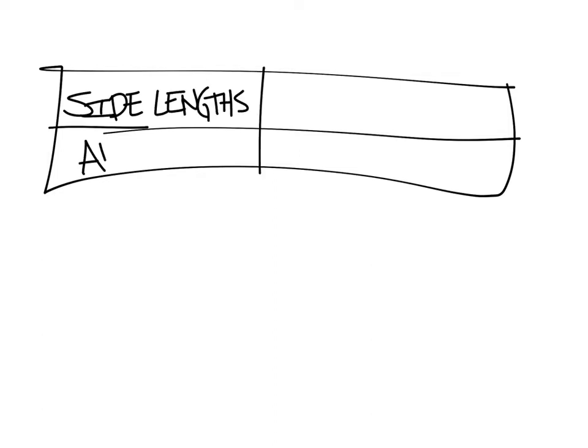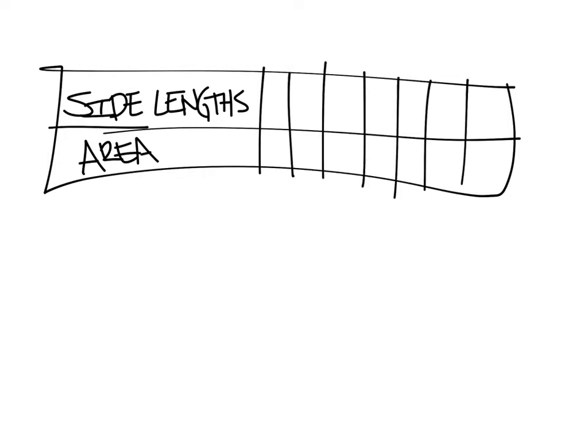Alright, so again, if we make a table of what we do to the side lengths, and compare that to the area on these. So for example, if I multiply the side lengths by 10, what would I multiply the area by? 10 times 10, which is 100.